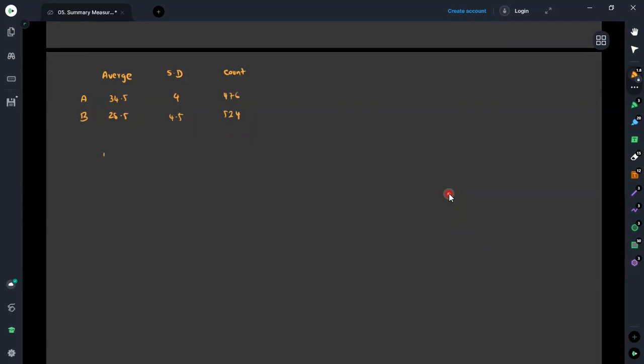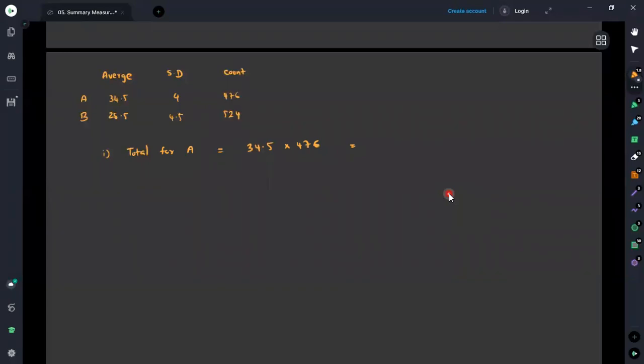Therefore, first we need to compare the totals, the total for factory A. It is because they are asking which company pays more. Then the total for factory A, we can get by multiplying the average with the total count that they are having. It is 34.5 multiplied with 476.